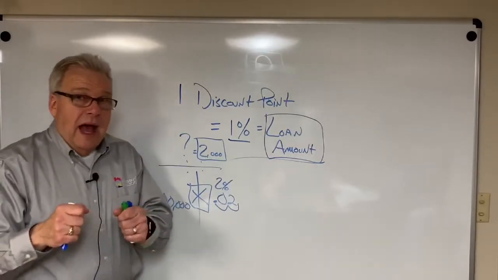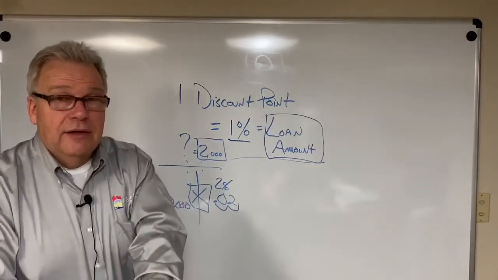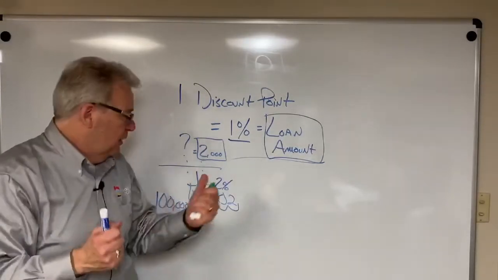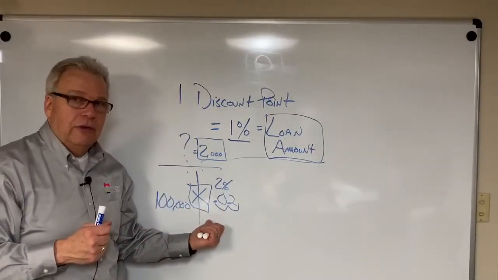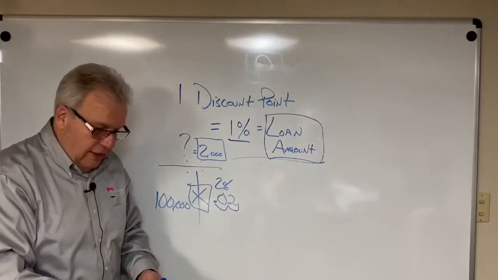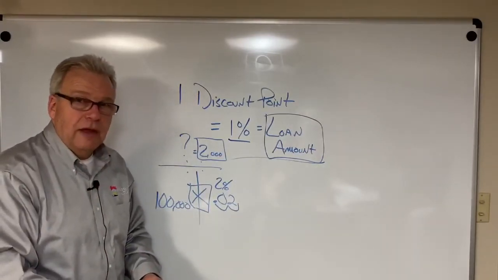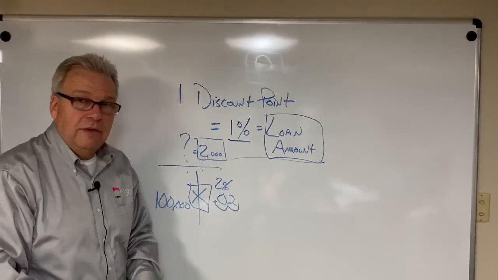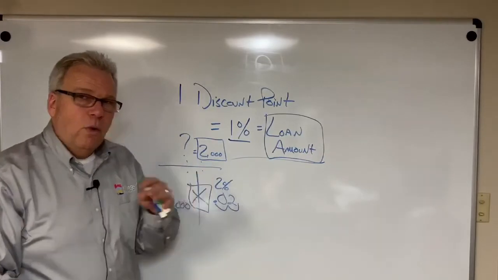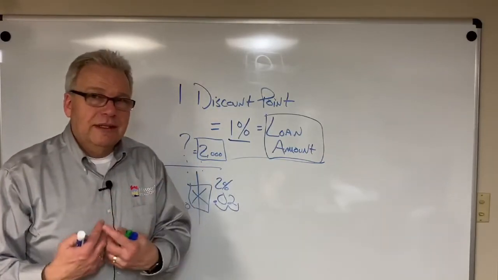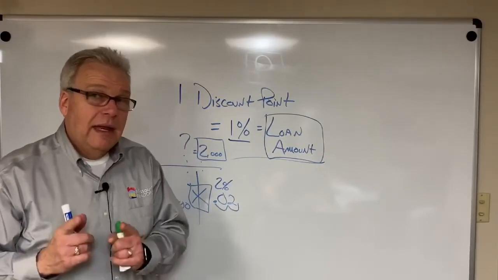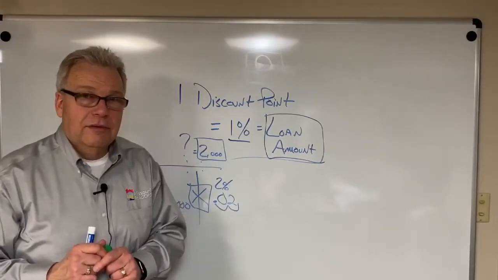Now, I gave you $100,000. You have $100,000 in your hand. But at the closing table, what did I just charge you? 2 points. So now you have to count out $2,000 out of your $100,000 I just gave you and give it back to me. So what am I, as the lender, really out of pocket? $98,000.